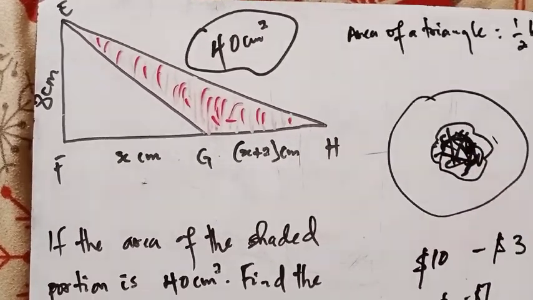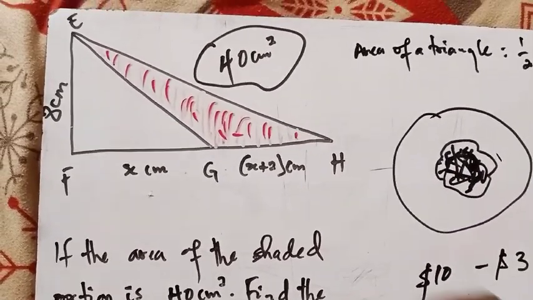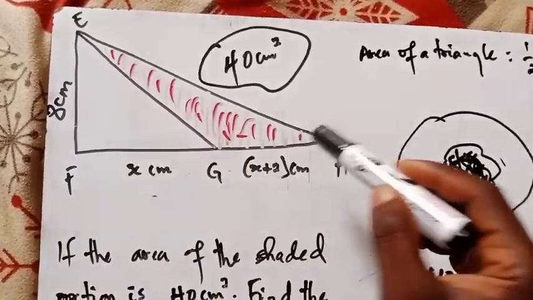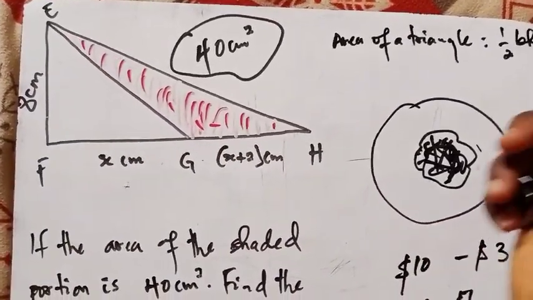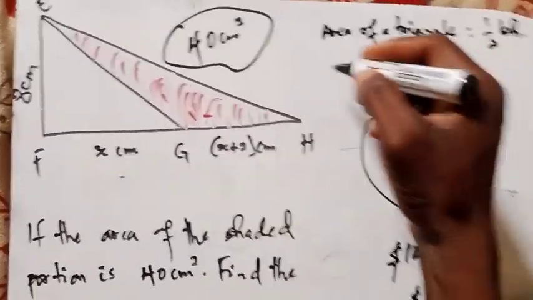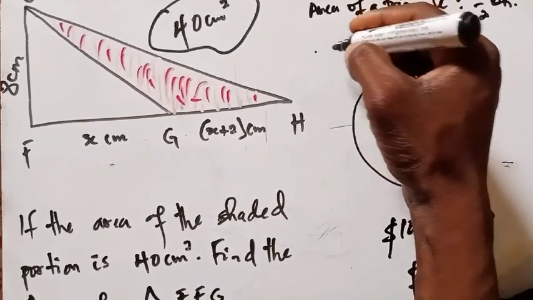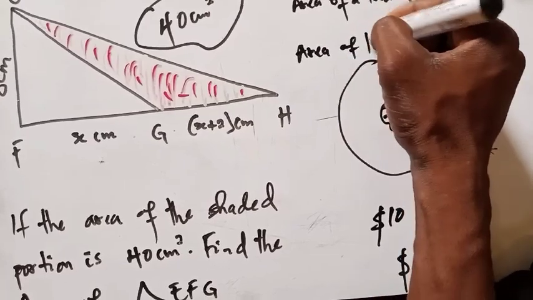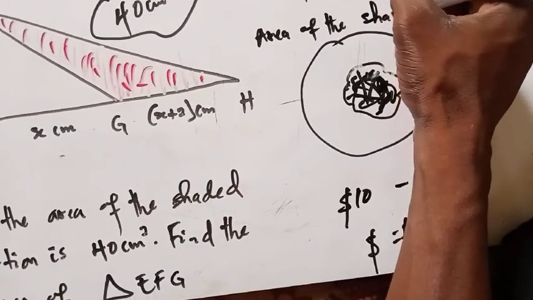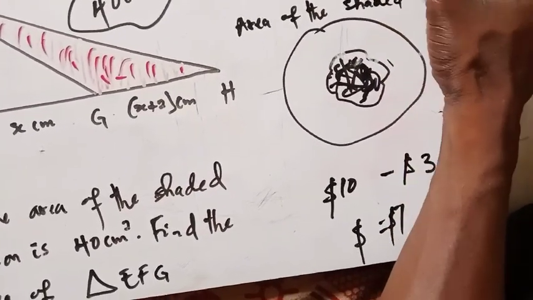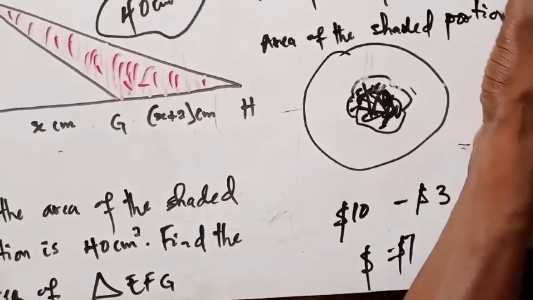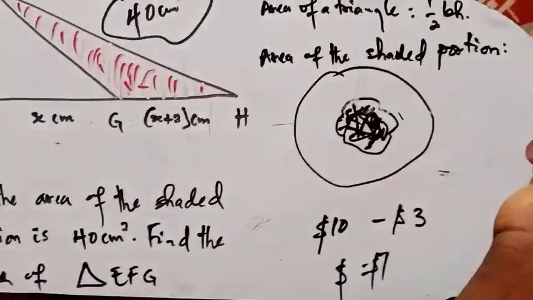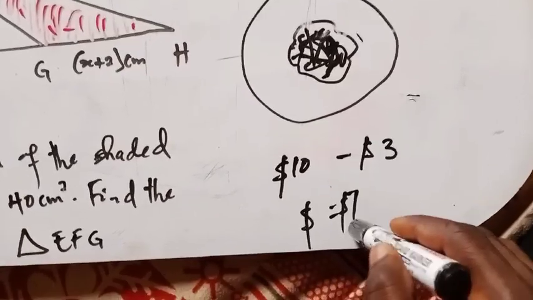So now your first step is to make sure that you have the area of everything. For you to determine the area of the shaded portion, that is the portion that we are given. So according to this scenario here, this is what remains, right?